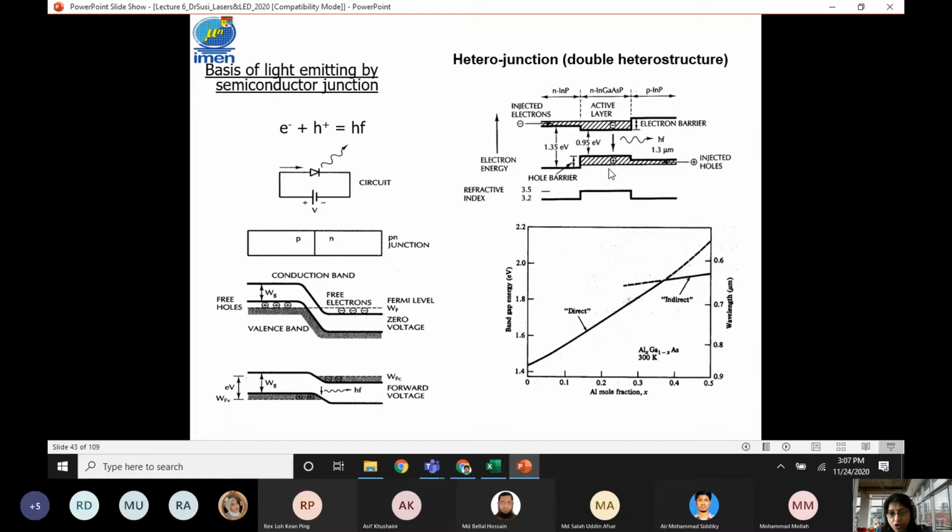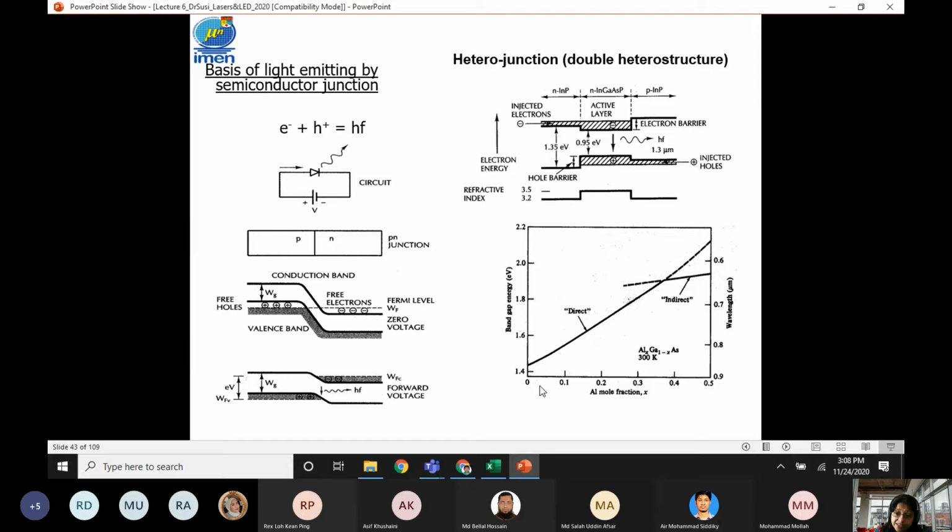You have total internal reflection occurring. So the photons cannot escape out because of this optical structure. You have a higher refractive index coupled to a lower refractive index. So electrons and holes need to be managed using the band gap, and photons need to be managed using the refractive index. So there are two mechanisms in a laser for optical emission.